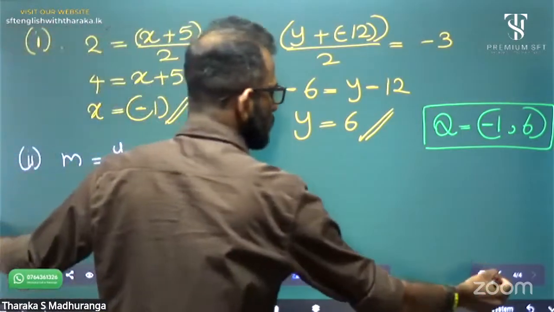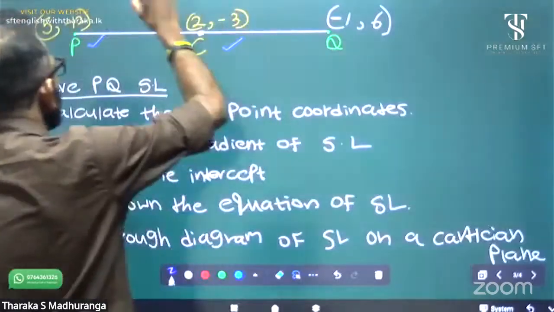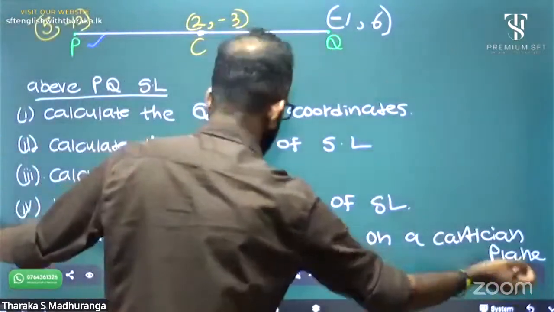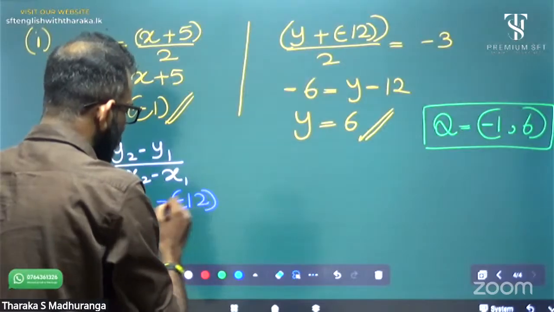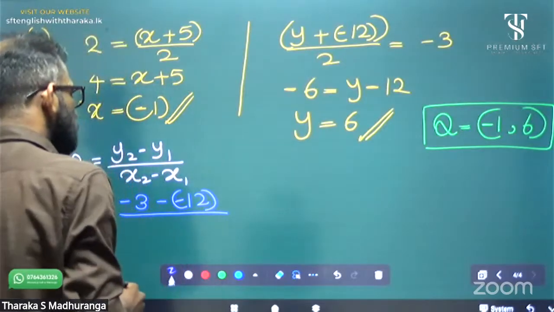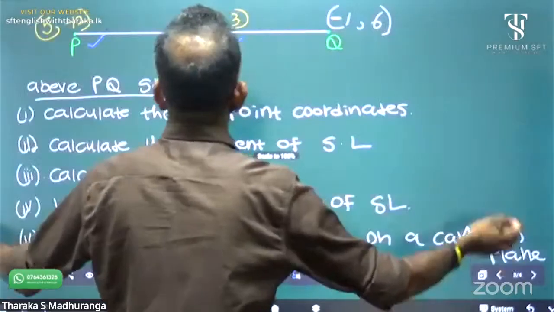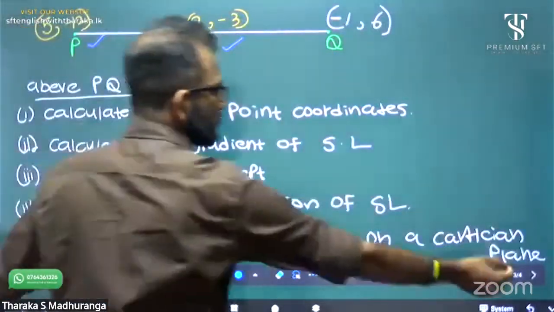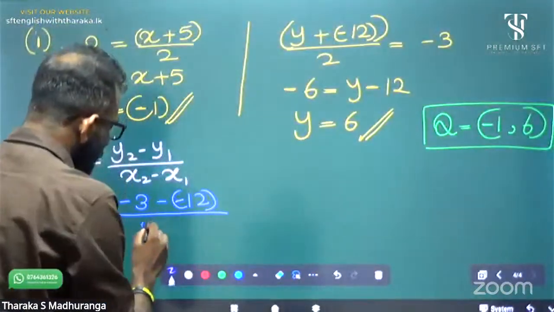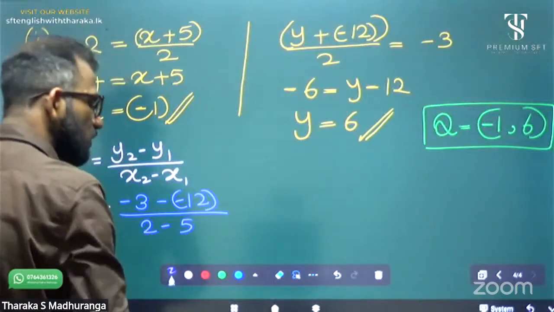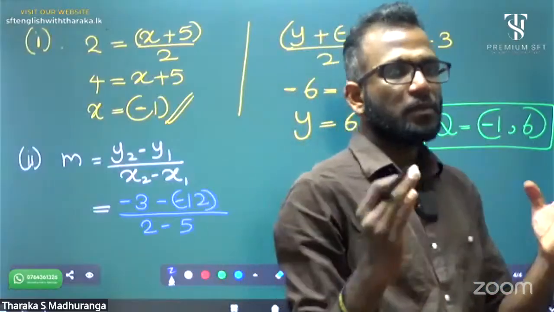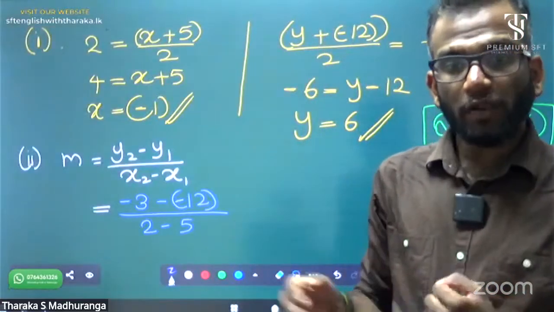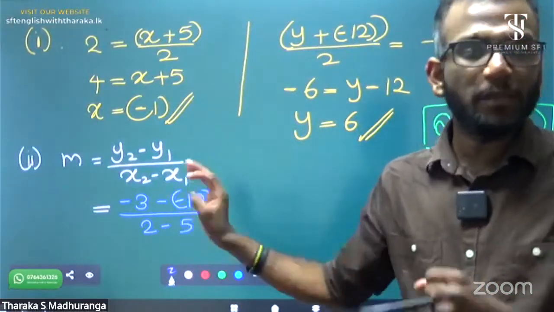Minus 3 minus 12, divided by the x coordinate difference, 2 minus 5. Please remember, if you get a difference or subtraction, follow the same pattern, the same order, the same direction.